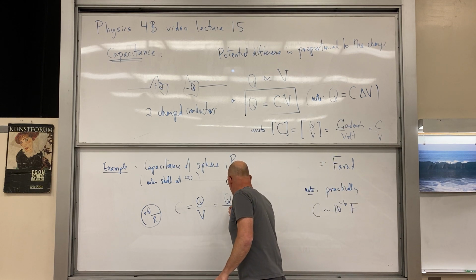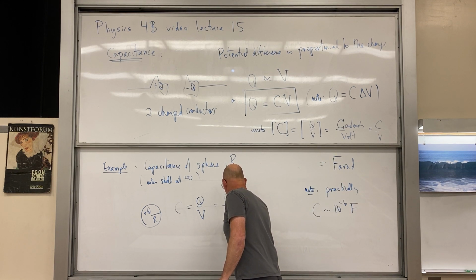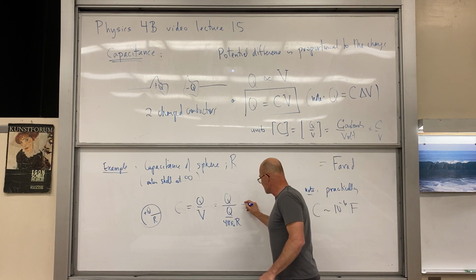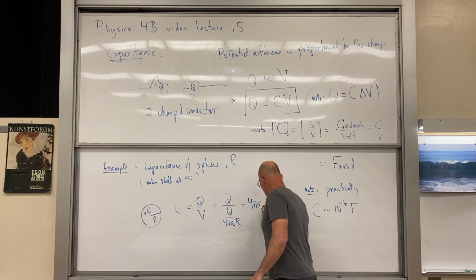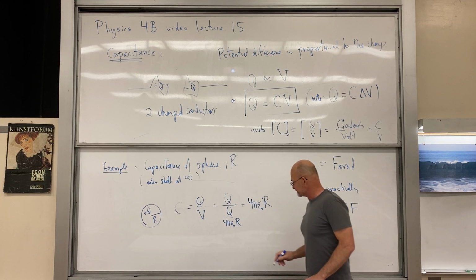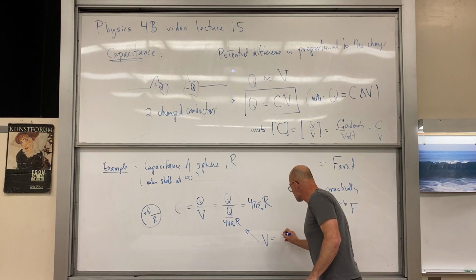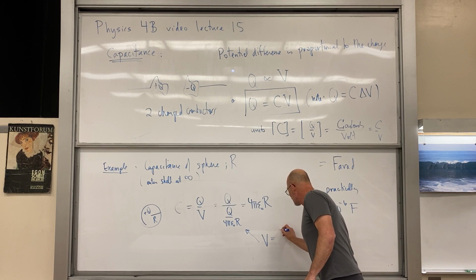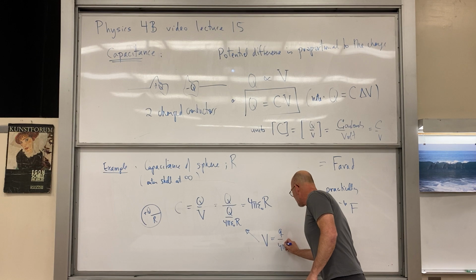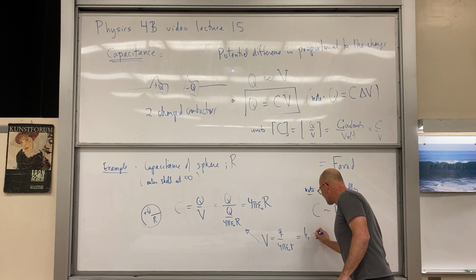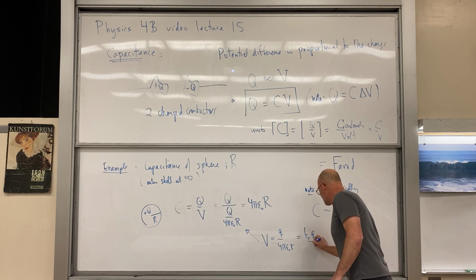Remember, the potential is Q over 4 pi epsilon naught R. So the Q's cancel, and we're just left with 4 pi epsilon naught R. And I'll even remind you guys, V for the point charge, we can either do Q over 4 pi epsilon naught R, or electrical constant Q over R, right?